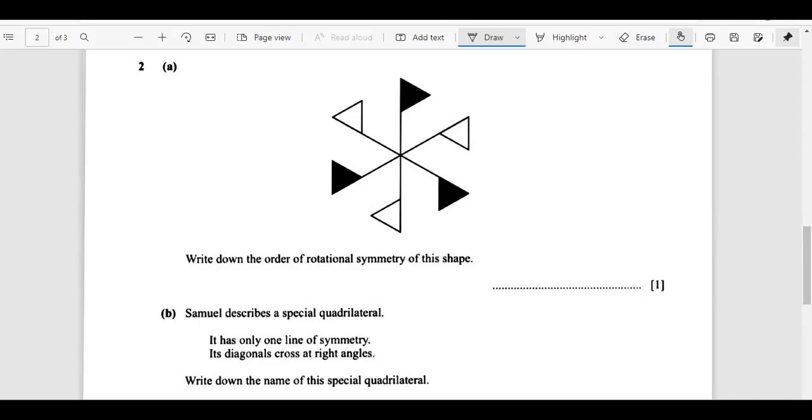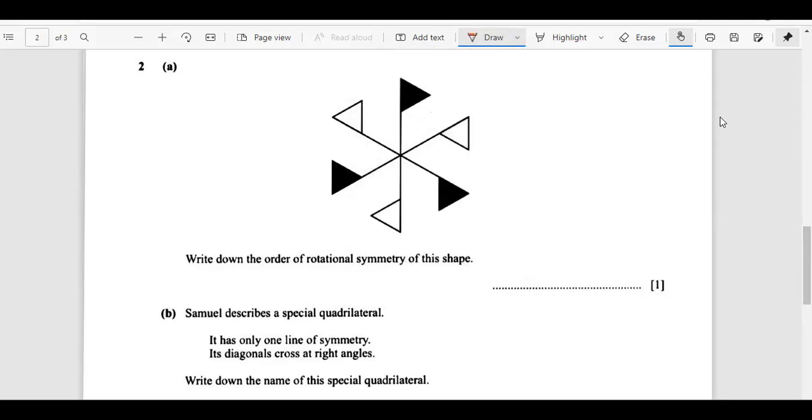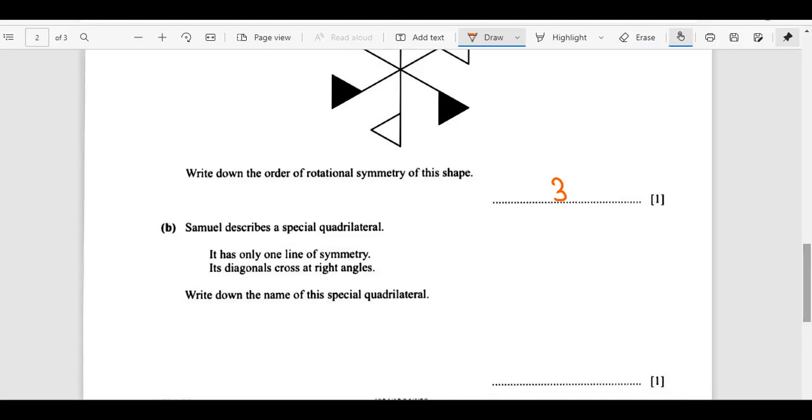So yes, I already have one answer. Very good. And what about you, Saneem and Durhan? What do you think? What would be the rotational symmetry of this shape? Excellent. Yes, Durhan, what about you? Yeah, three. Very good. This is going to be three. Excellent.